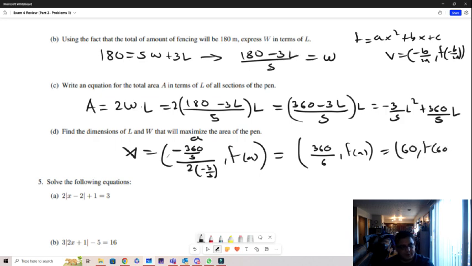So 60, f of 60. So this will give me the maximum amount in terms of this.